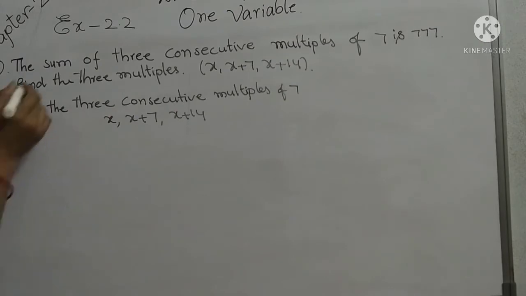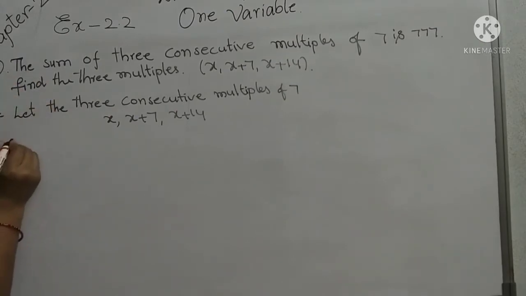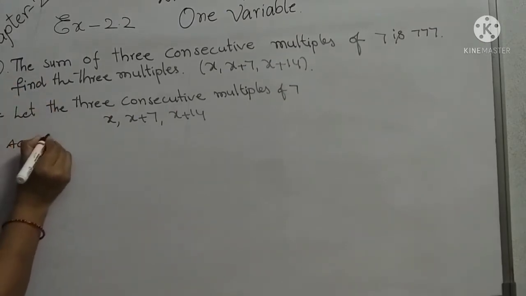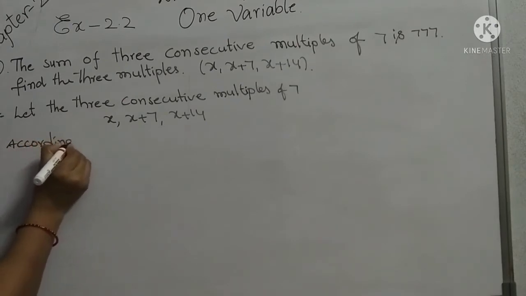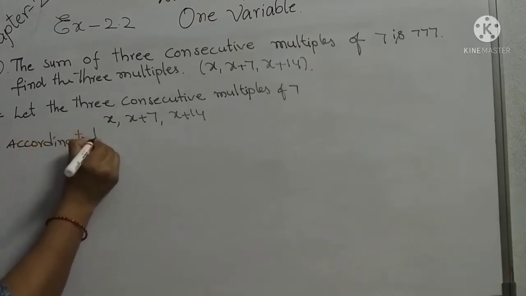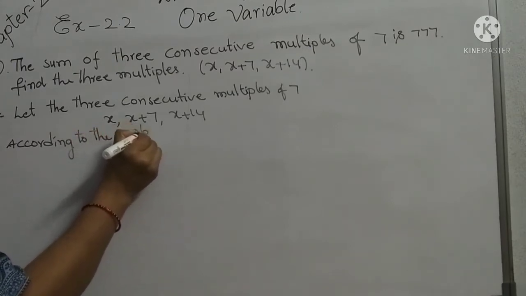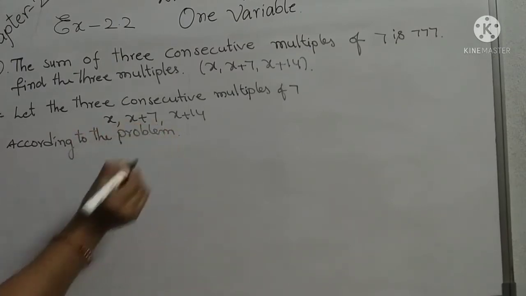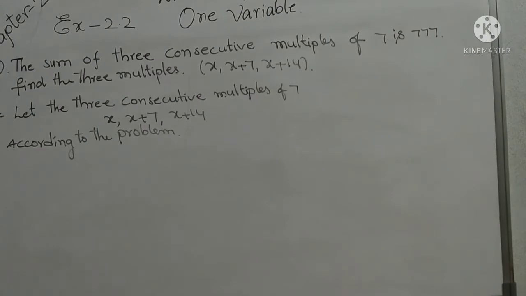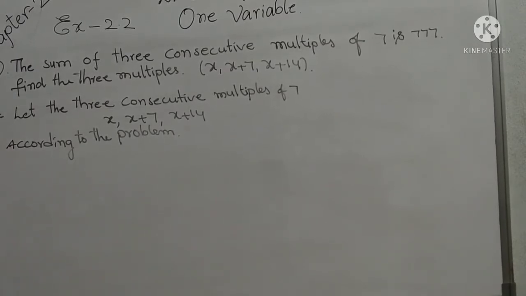Okay. According to the problem. Understand that? So what is that problem? The sum of three consecutive multiples of 7. The sum of the three consecutive multiples of 7 is 777.